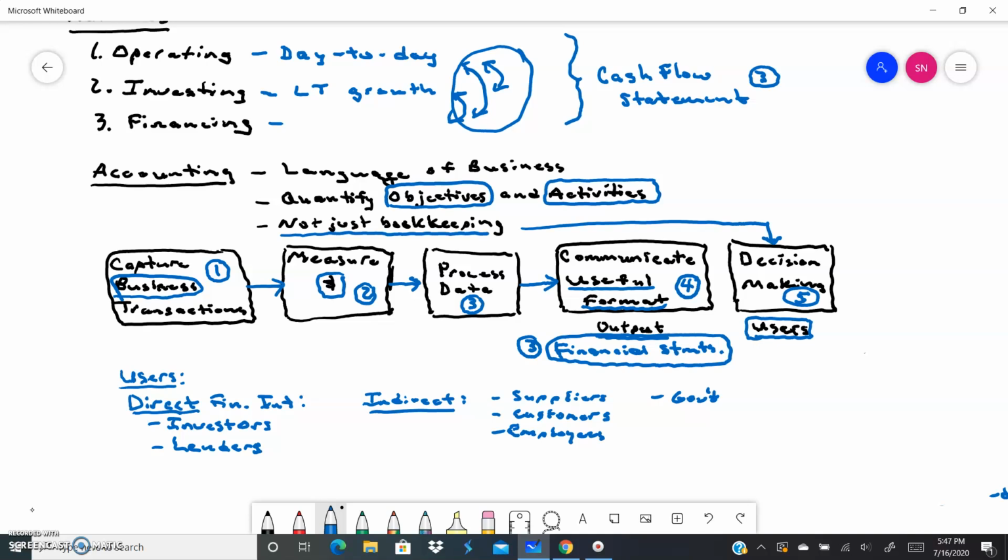So there are a lot of people that have an interest, and one big group, of course, would be management. Management, the people who are running the company, obviously have a tremendous interest in understanding how the company is doing, and they receive a lot of that information from the financial statements, as well as other reports that the company is generating.